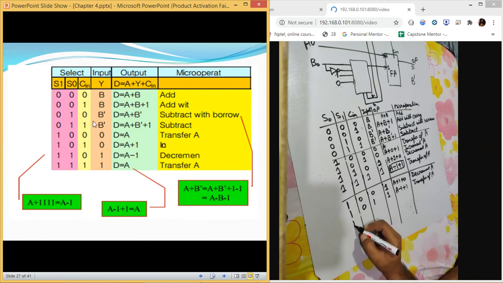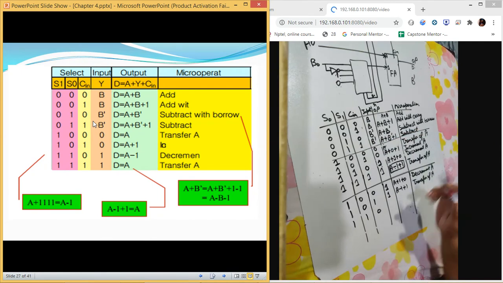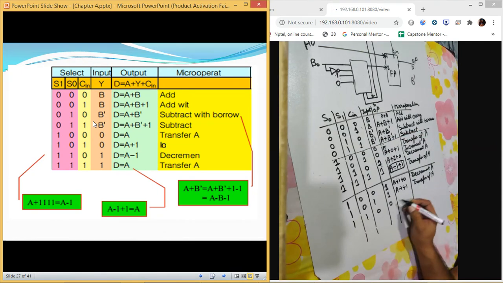If it is 1 1 0, now it is going to perform this function. Again, this will be a value 0.